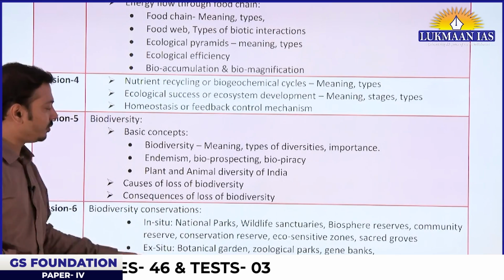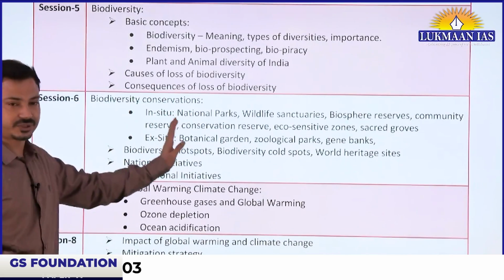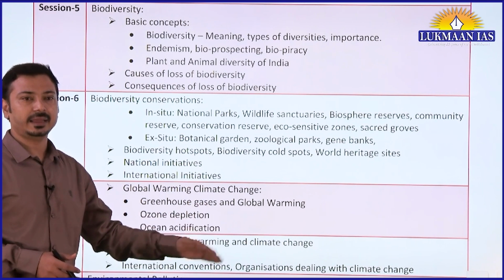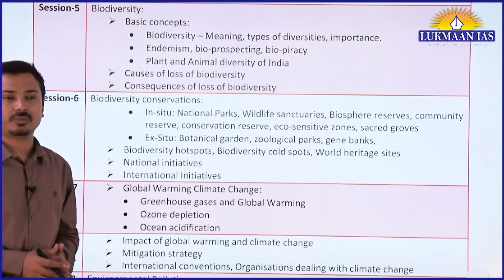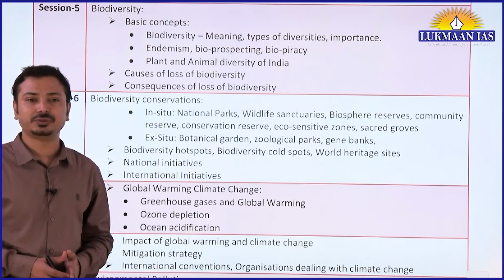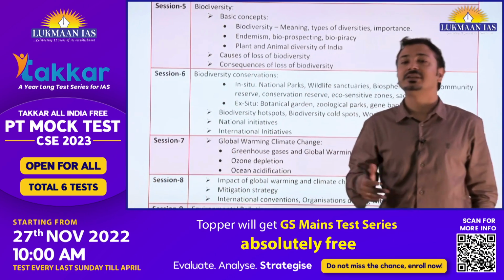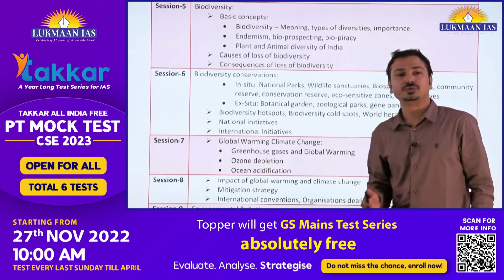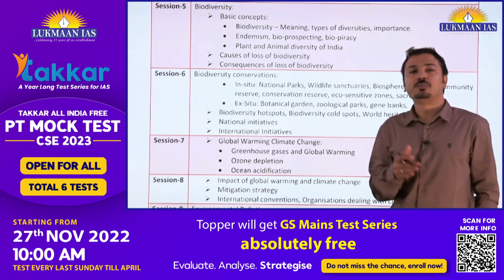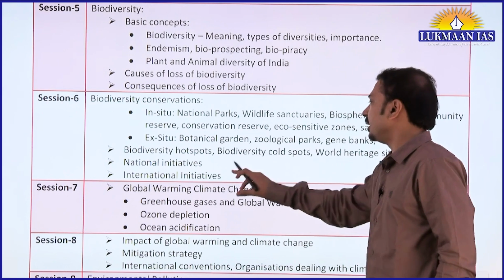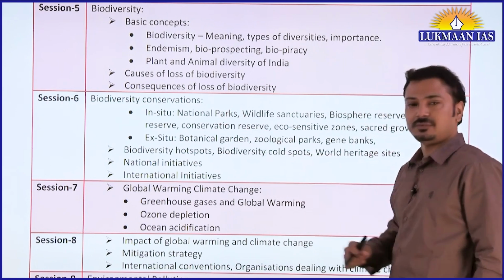Along with that, biodiversity conservation, in situ and ex situ conservation, and in that we will also try to know about the Government of India's initiatives for the conservation of different species. Along with that, the international initiatives by different NGOs and international institutions to protect endangered species. So here we'll cover the conservation part.